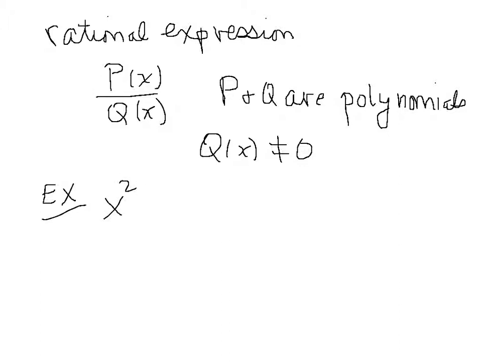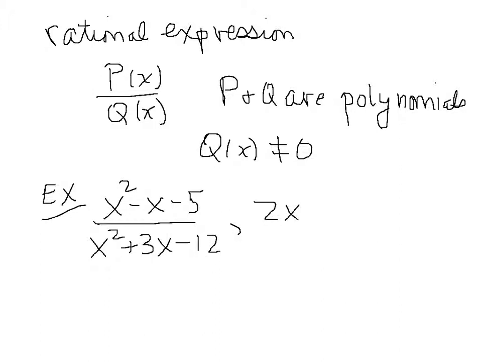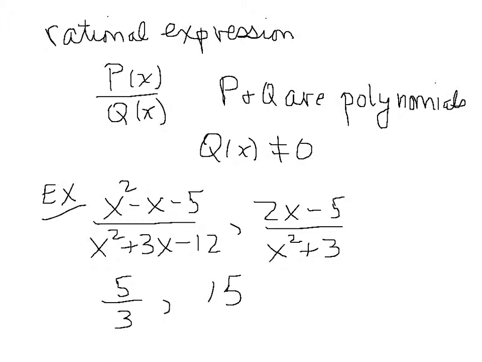Something like x squared minus x minus 5 over x squared plus 3x minus 12, or 2x minus 5 over x squared plus 3, or 5 over 3, because both 5 and 3 are polynomials, constant polynomials, and even 15. That's a rational expression. Not one that we'll be very interested in, but that is a rational expression.